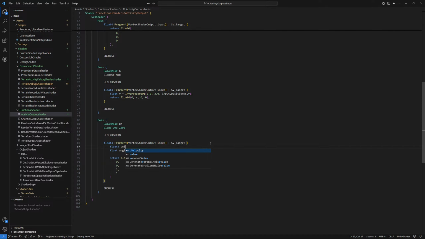Float3 velocity constrained. So like this.